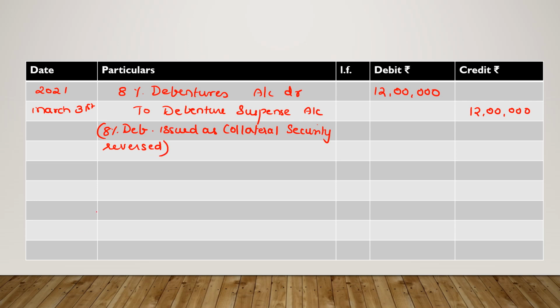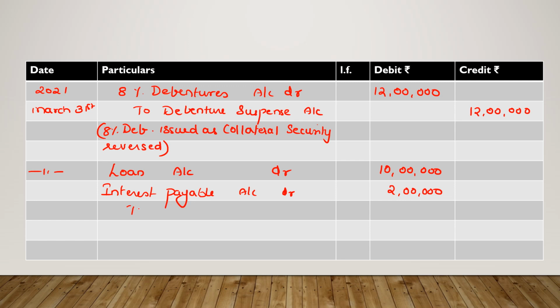Now, there was a loan amount of 10 lakh and interest payable of 2 lakh. Total 12 lakh of liability, which is now going to get replaced by means of issue of debentures. So the next entry would be where we would close out the credit in the loan account by debiting it with 10 lakh. And the interest payable, which is a liability, is also closed out by giving a debit to it of 2 lakh. And this is going to be settled by issue of 8% debentures to the State Bank for 12 lakh.